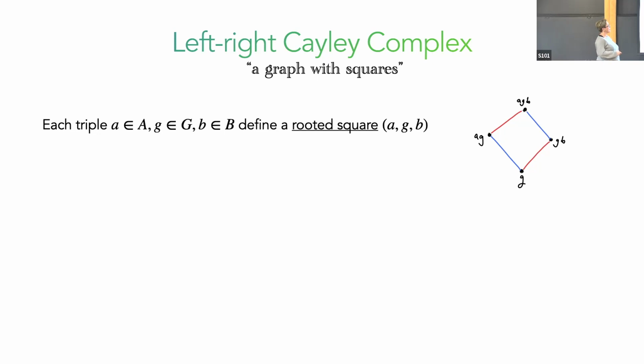So every triple of a group element and two generators, one from the A set and one from the B set, gives you this 4-cycle. And it's really a rooted 4-cycle because it singles out g as the starting point. So for this 4-cycle, there are really 4 different ways to look at it. You can start also from ag and move to agb, you move here, or ag times a inverse on the left, and you move here.